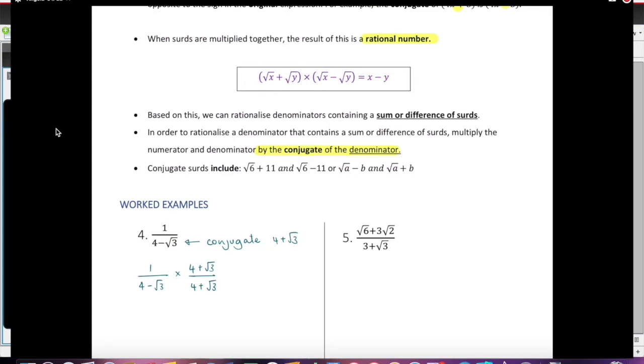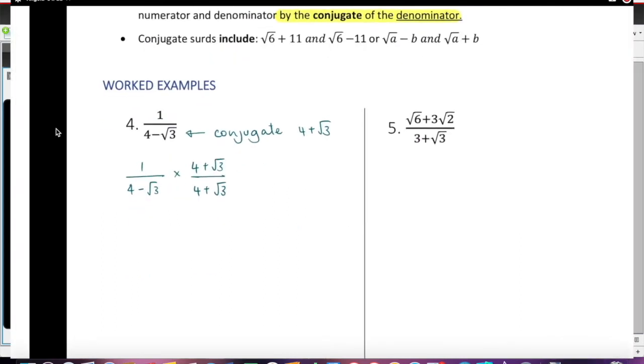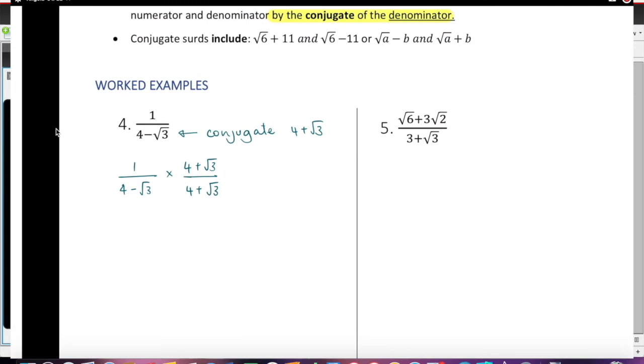Now what we're going to do is apply the distributive law to the numerator and the difference of two squares to the denominator. I'm just going to write that here, and make sure you take a note of it as well.